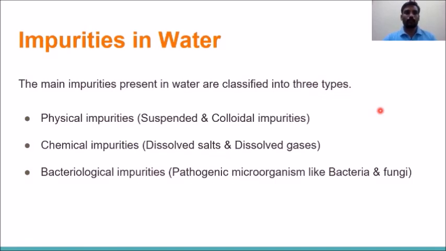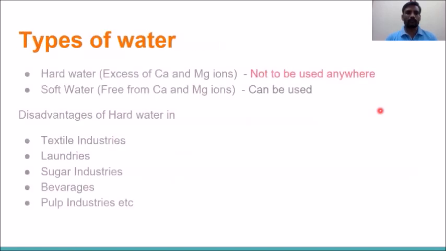The third type of impurity is bacterial impurity, that is microbiological impurity, which includes human pathogenic microorganisms like bacteria and fungus. Among all these impurities, physical impurities can be removed through the filtration process, and microbiological impurities can be removed through the boiling technique.